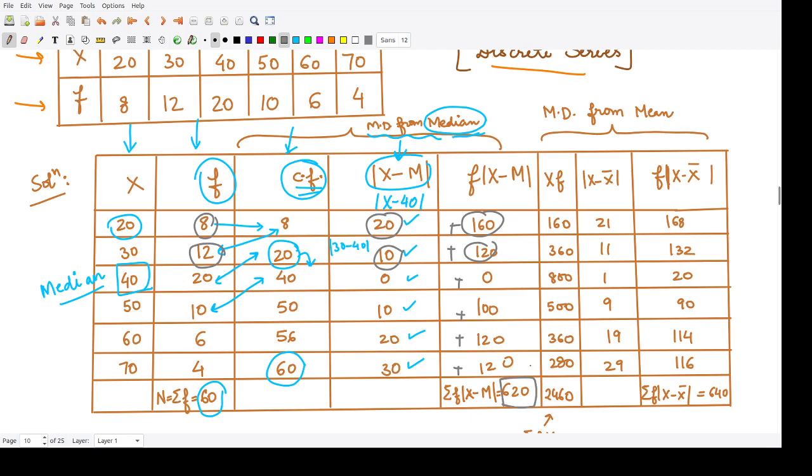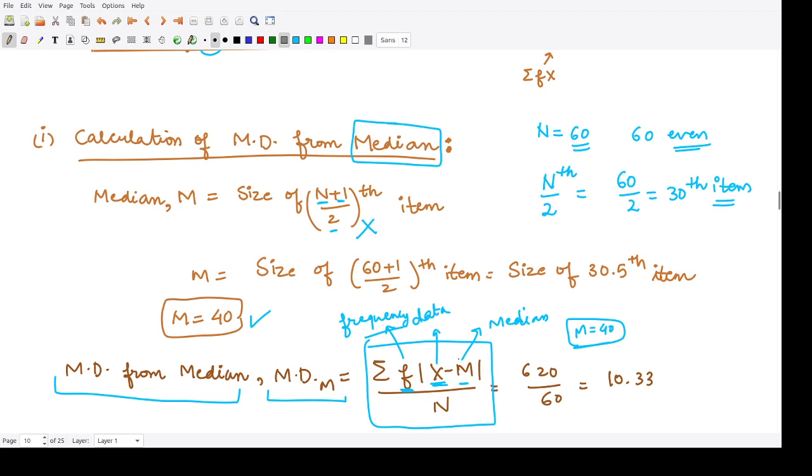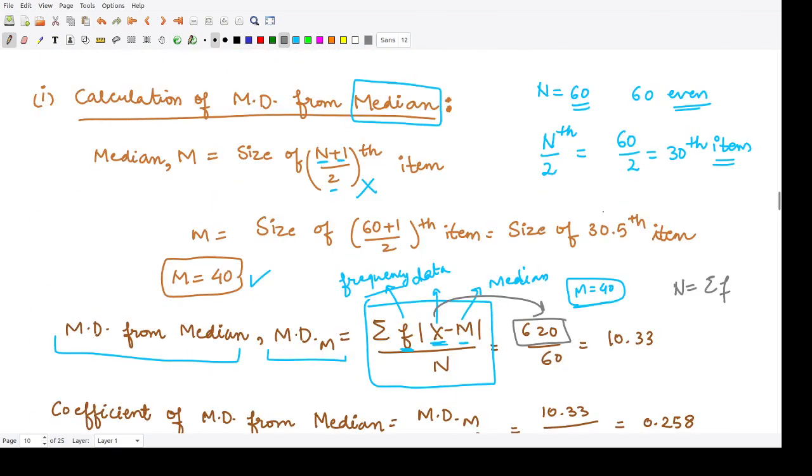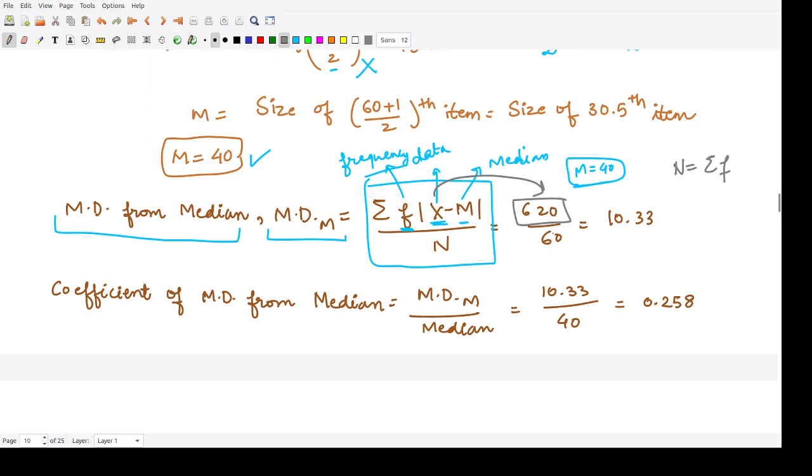Now when you look at the formula, this quantity is nothing but 620, and n is the total frequency, which here is 60. So you divide 620 by 60, and you have the answer as 10.33. So this is the mean deviation from median of the given data.